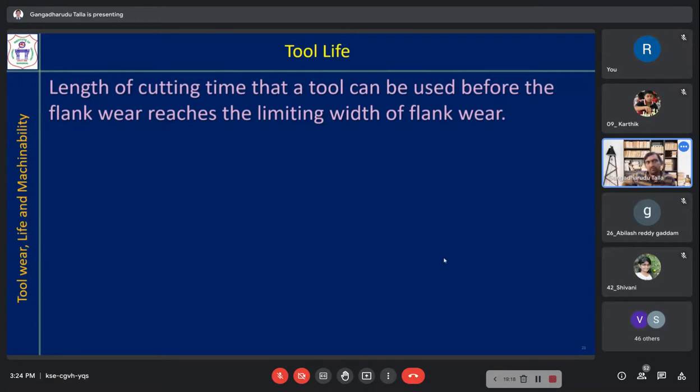Abrasive action is faster compared to adhesion. Through adhesion, a very minor amount will be lost; through abrasion, it will be considerably high. So whatever amount of time you have used the tool before it reaches that width on the flank surface is called the tool life.